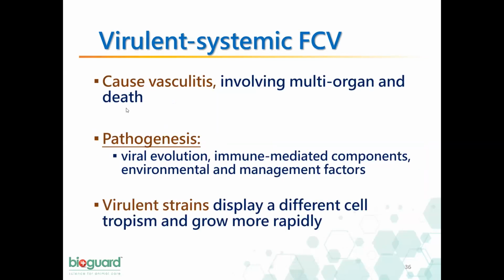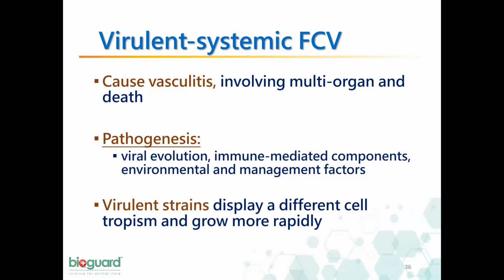So later, when there is an outbreak of feline calicivirus, virulent systemic FCV infections can occur, where there is involvement of multiple organs and it can even cause death. This pathogenesis is because of virus evolution over time, and also because of immune-mediated components present in the environment and other management factors such as hygiene.